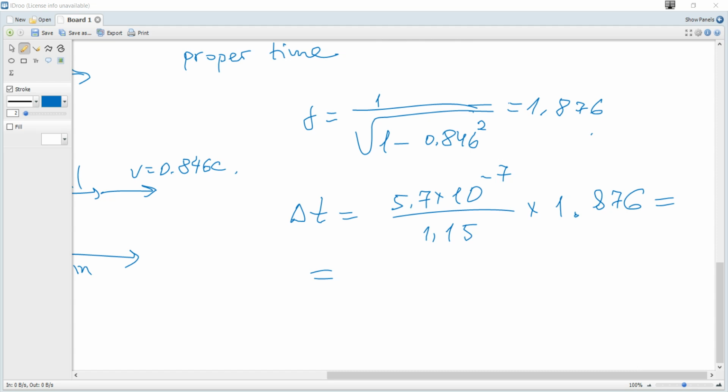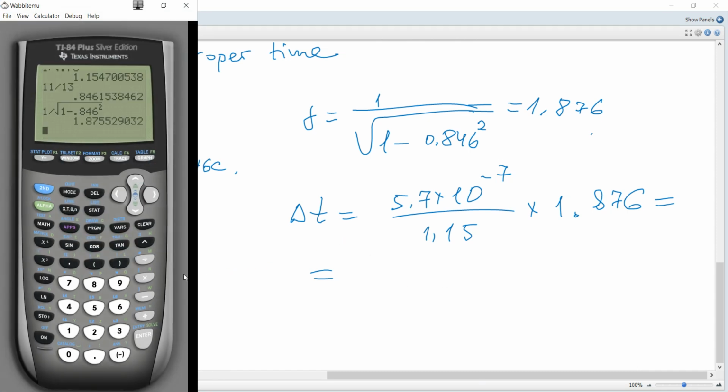Let's check. So multiplied by 5.7 divided by 1.15, and you can see it's a bit different due to roundings, but you may write that it's 9.3 seconds, it's acceptable.